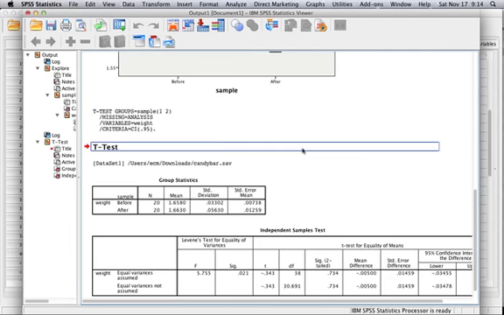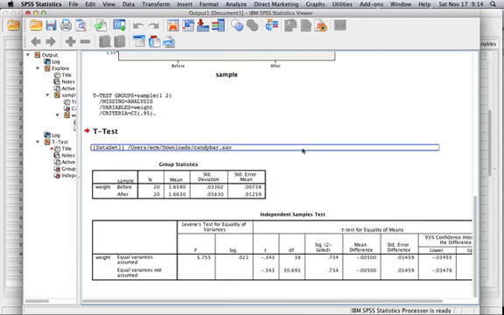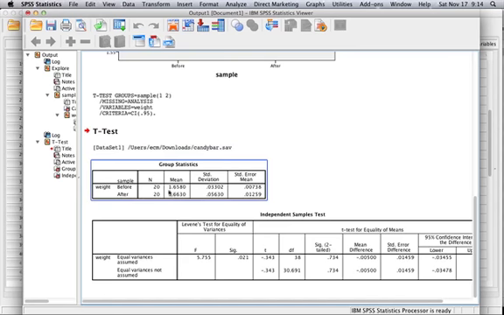I like to start by looking at my descriptive statistics. You'll see that we have a sample of 20 of each, which corresponds with what I saw in the raw data. The mean after the intervention is just a smidgen higher than the mean before.